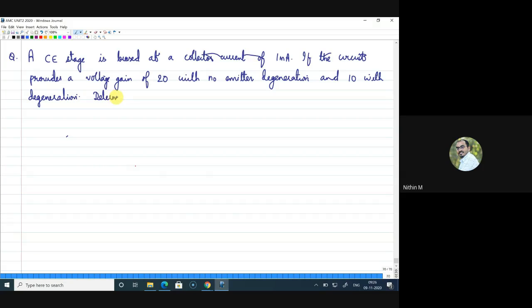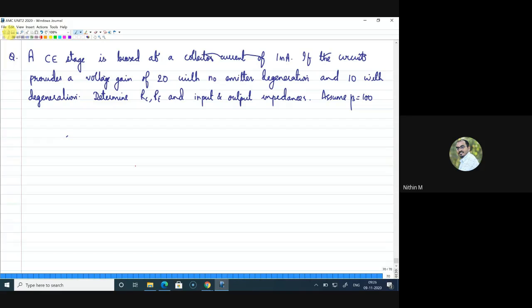Determine the values of RC, RE, and the input and output impedances. You can take the value of beta as 100.